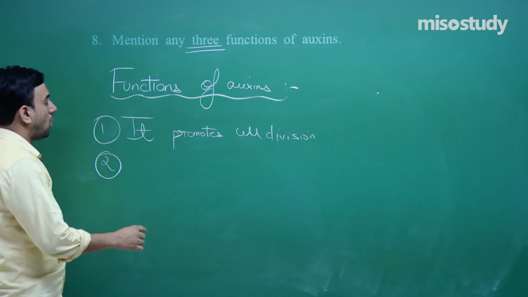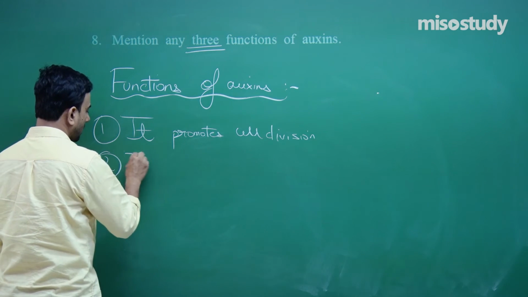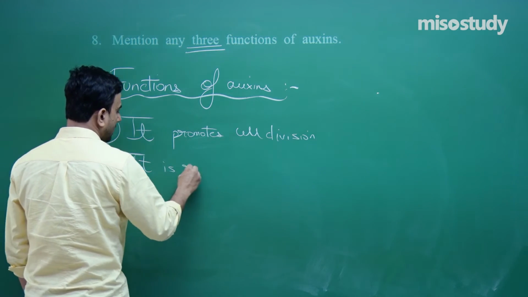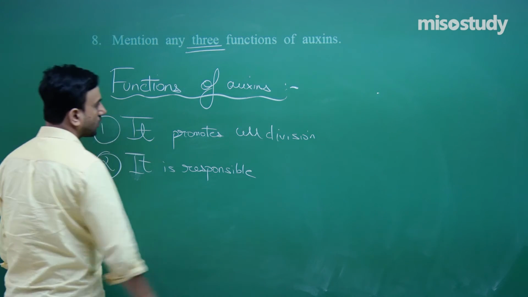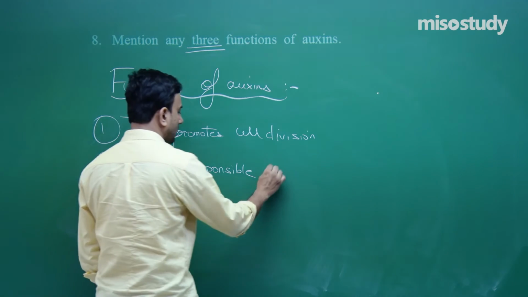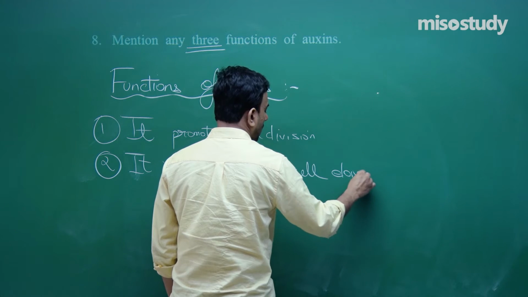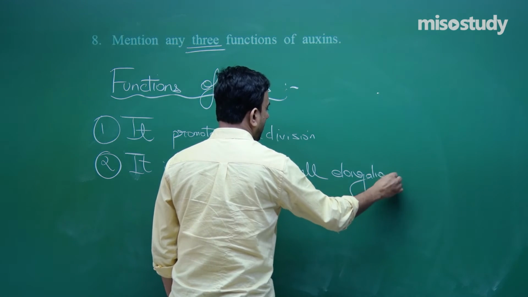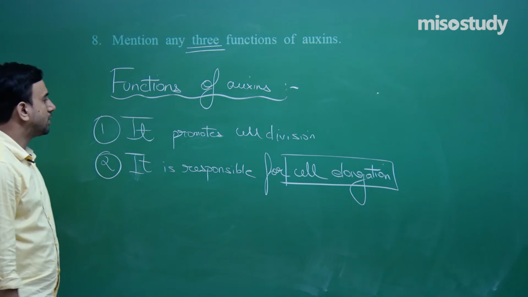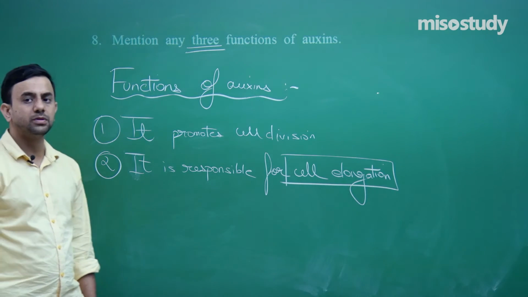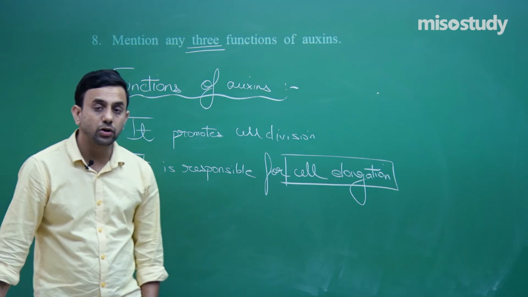Auxin is responsible for cell elongation. It promotes cell division, it is responsible for cell elongation.